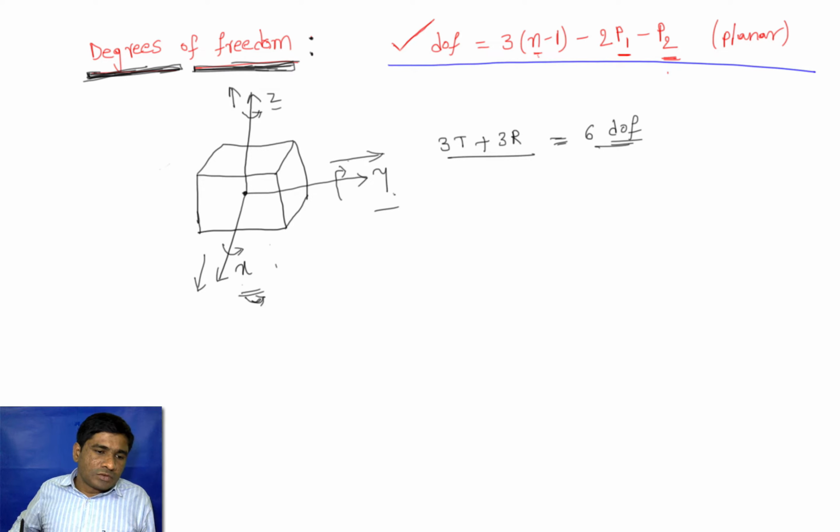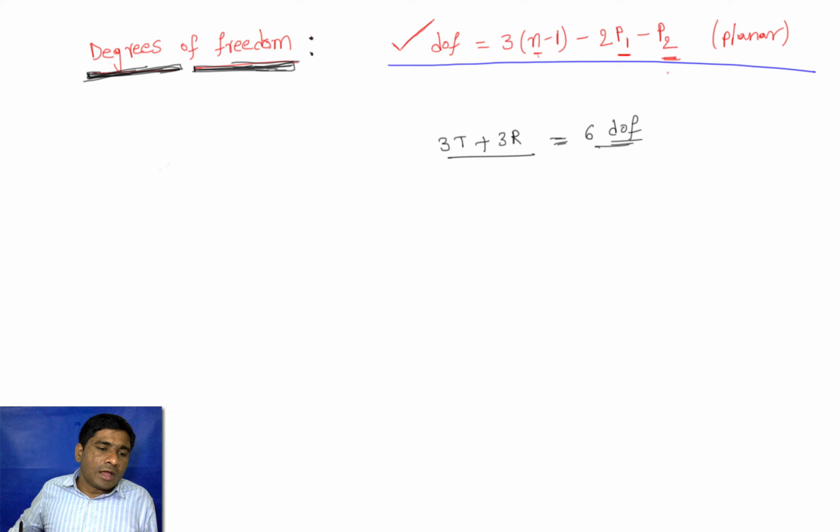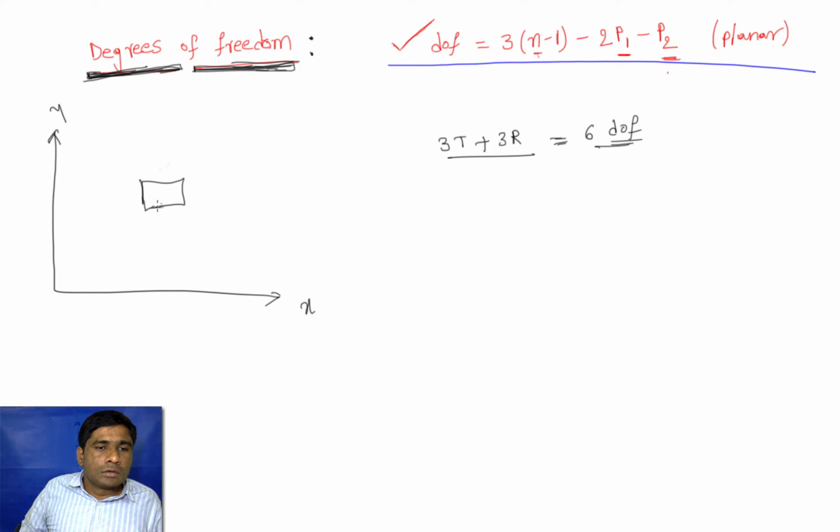That means if you consider a three-coordinate system, but now I would like to consider the same body in a plane. So what happens if I consider it in a plane? This is the plane, x and y, and this is some rigid body.